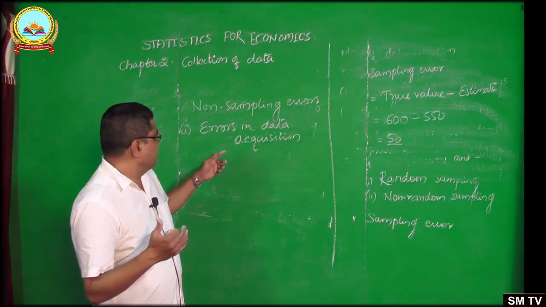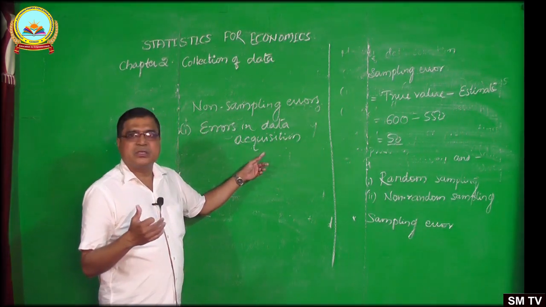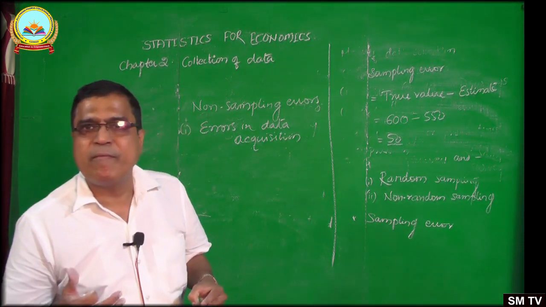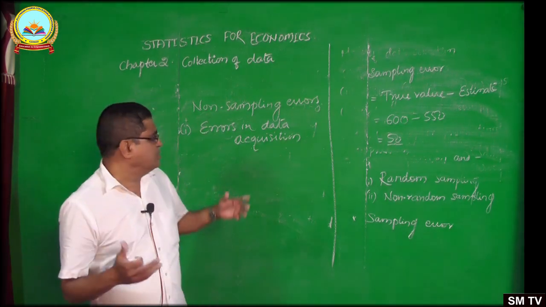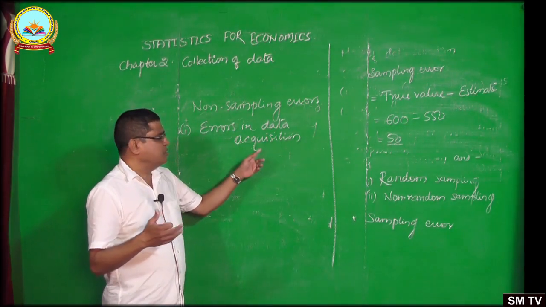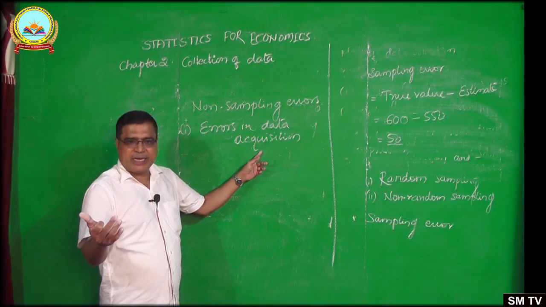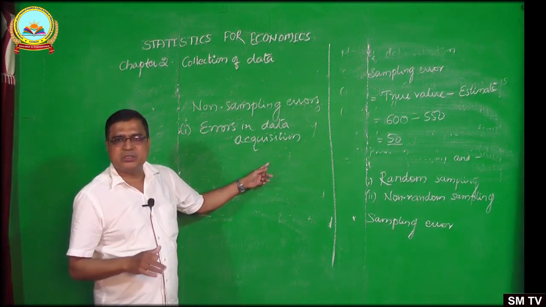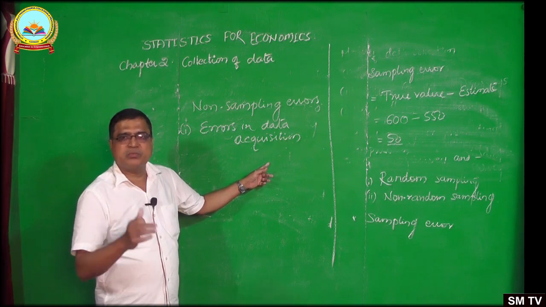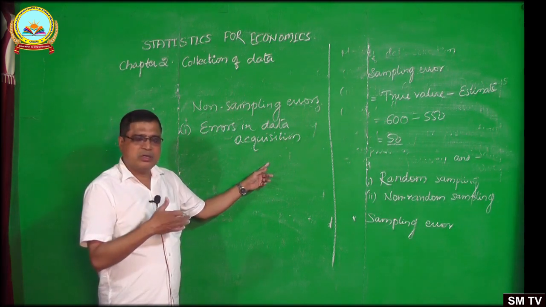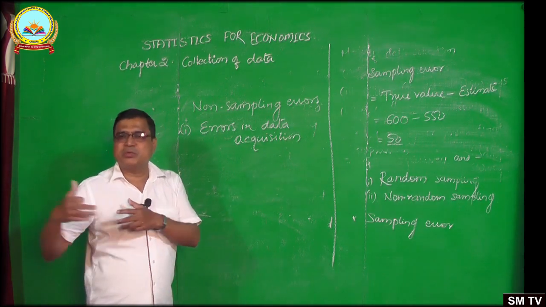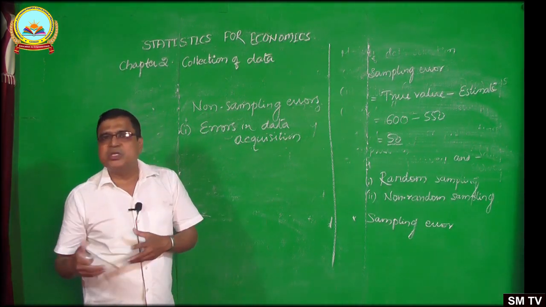Now these errors in data acquisition, that means while collecting the data, the respondents may not answer the questions, or may not give the correct information, or the enumerator himself may not collect it, or may not have visited the required units of the sample.